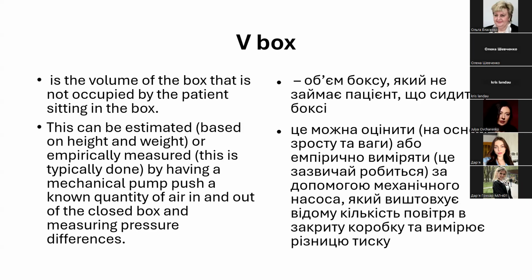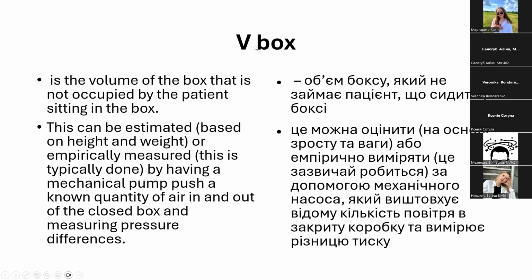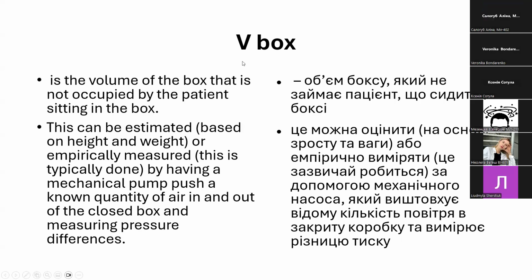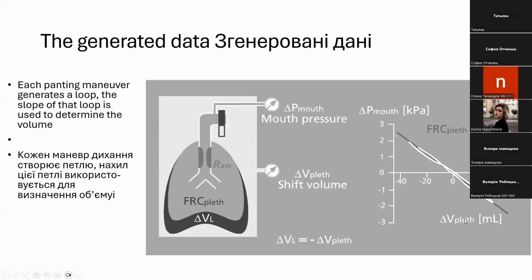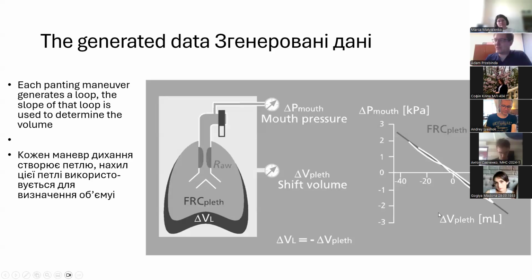So take my word for it that the volume of the box is then known, and what you're left with is you just have to measure the change in pressure at the mouth and, identically, the change in volume or the change in pressure of the box. These two are identical. And each panting maneuver will generate this line here, this loop.